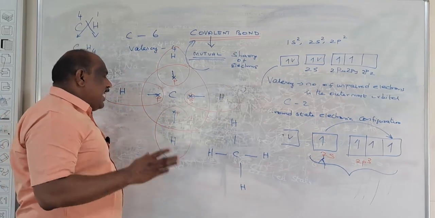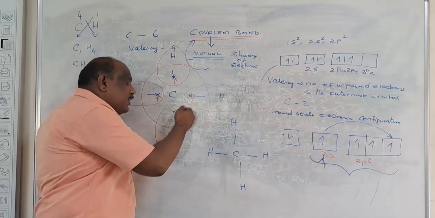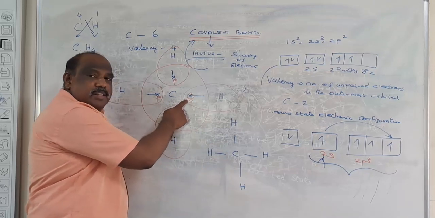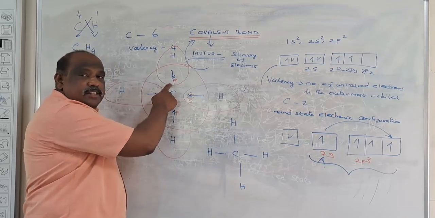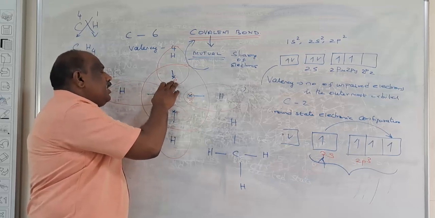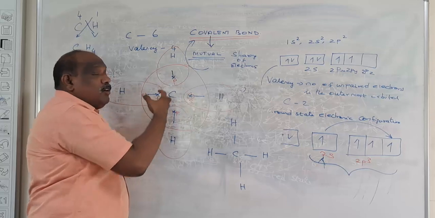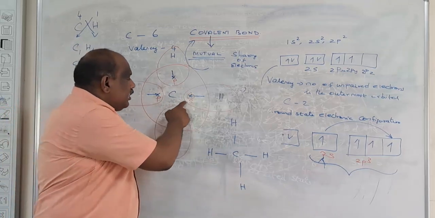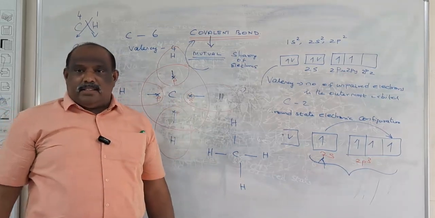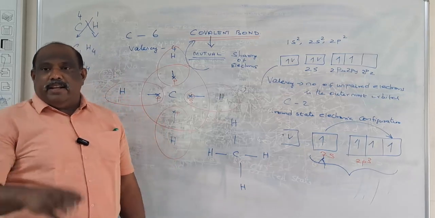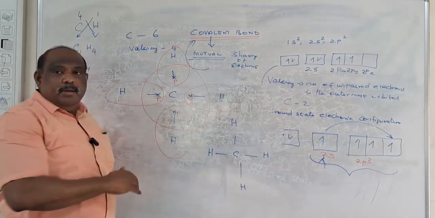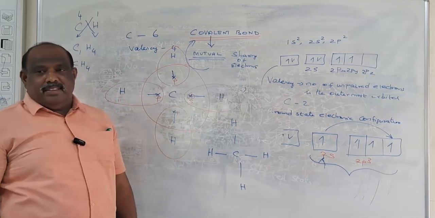What you told is right. The answer is right. But we know that s has lower energy, so this electron will have lower energy. The p electrons will have more energy. So I would generally expect that a bond formed by p electrons will have more strength compared to the bond formed by the s electron. But what you told is right. All the bonds will have equal strength.